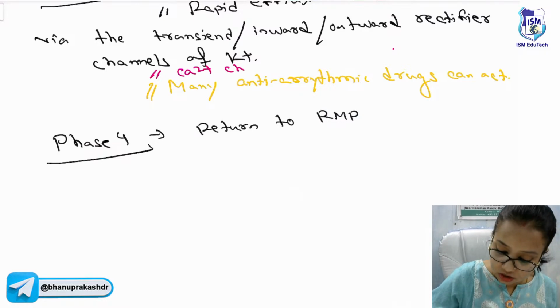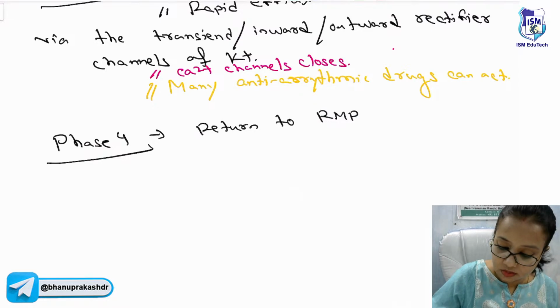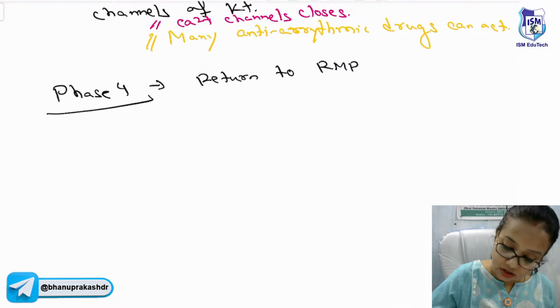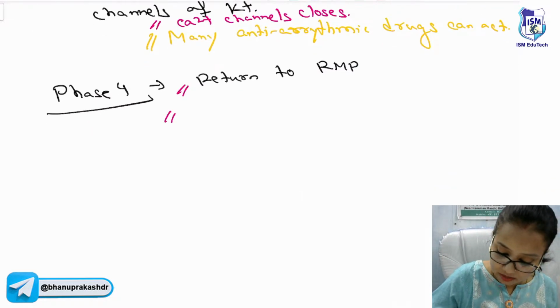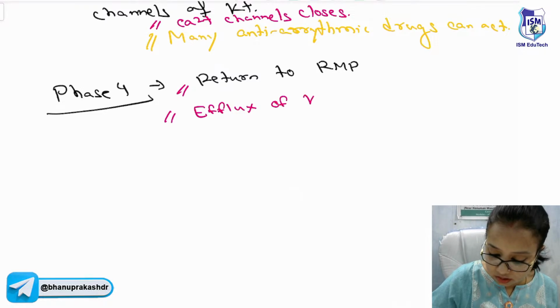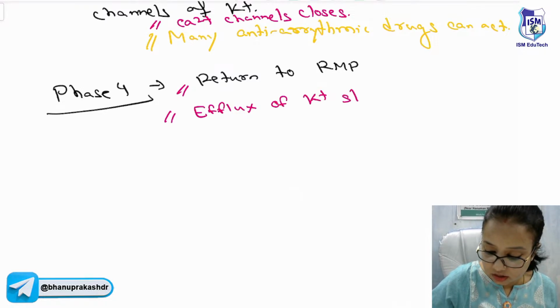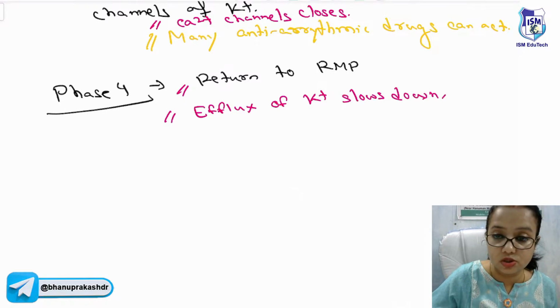Calcium channels close. Efflux of potassium slows down, the conductance slows down.